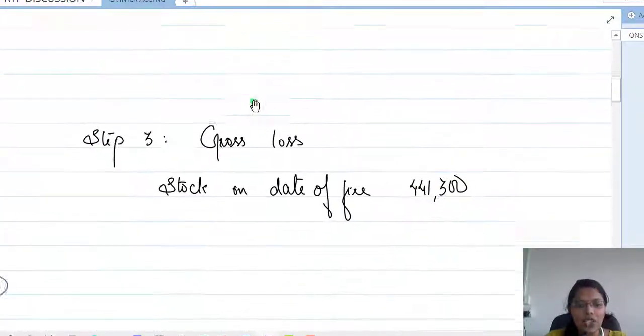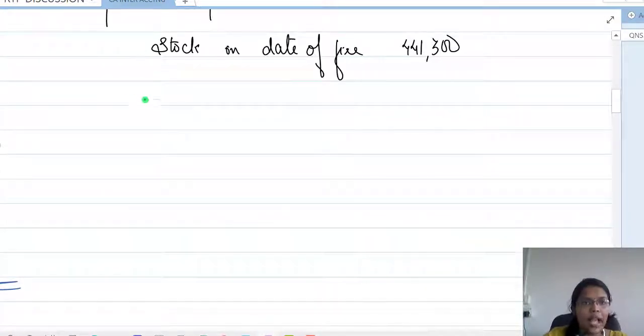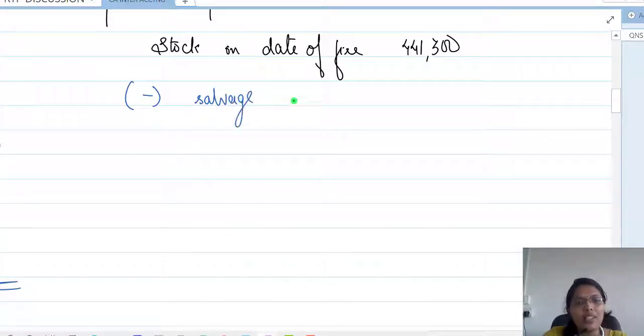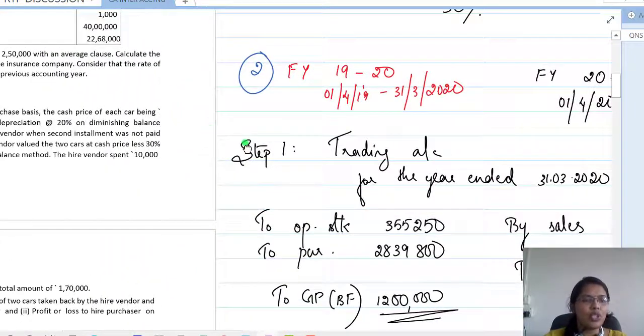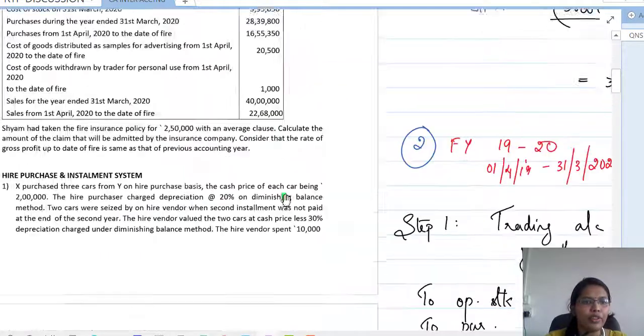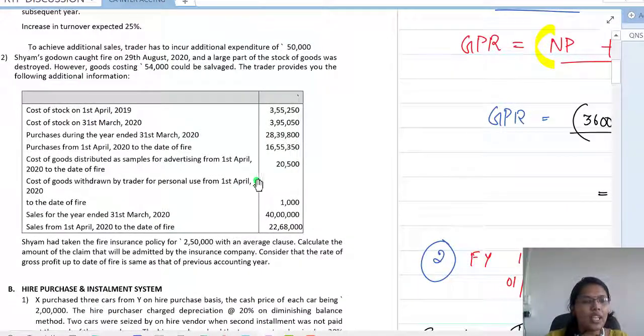That means his actual loss was not to the extent of 4,41,300. This was the stock that was available with him at the time this fire occurred, but he could salvage to some extent. So salvaged stock should be reduced as that stock could be sold by this Shyam to outside customers and he could earn a profit out of it. He is going to get claim only for that portion for which he couldn't make the sale and for that portion of stock which actually has been lost to him.